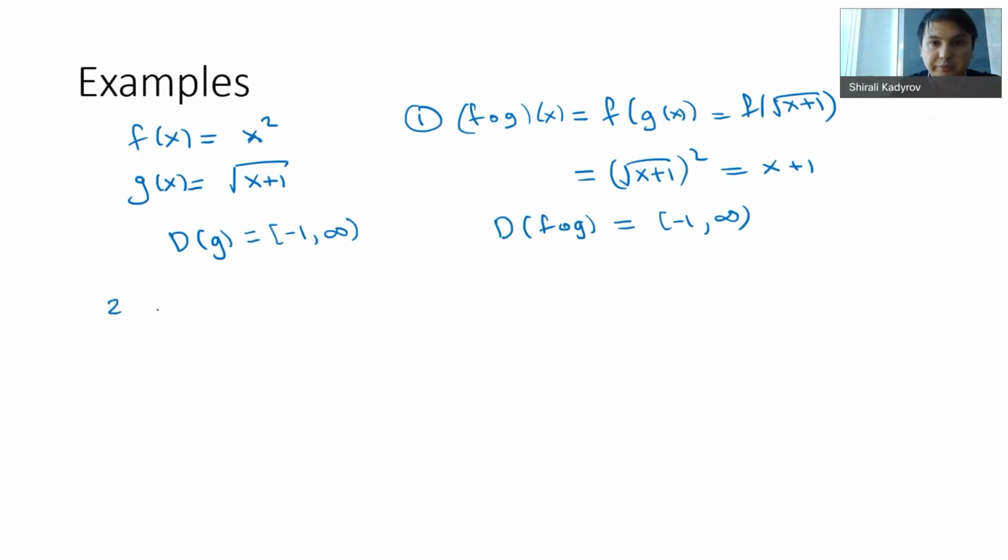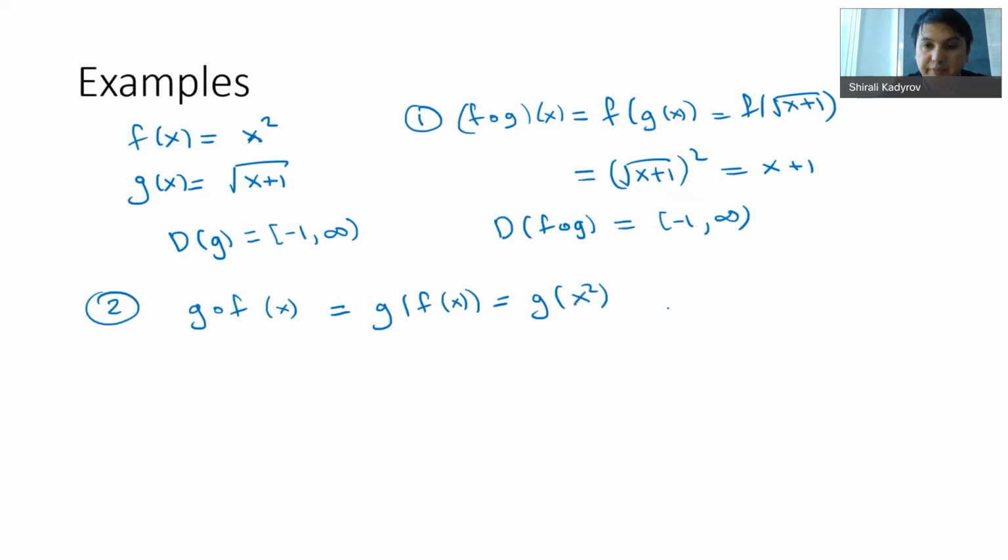Okay, so let's do one more. Let's do g of f of x. What is this? G of f of x. What is f of x? F of x is x squared. And then what does g do? What g does is it takes the square root of x plus 1.